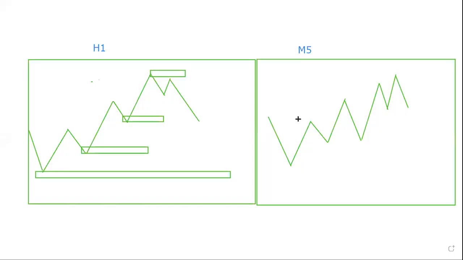Okay, so on M5, we are looking for a new zone to be formed here after this has happened. So when this has formed, we are not taking the trade with this.